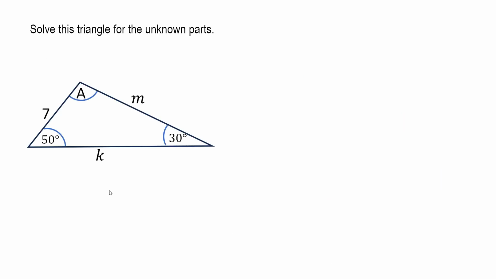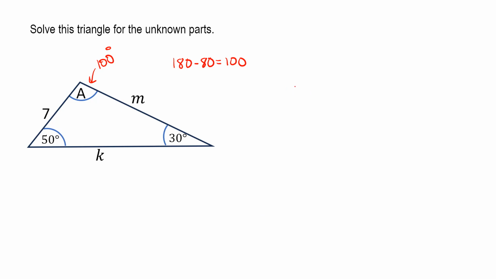All right, here's another one. With this one, we already have two angles, so we can find the third angle quite easily because we know that 50 plus 30 is 80, so 180 minus 80 is 100. So A is 100 degrees. And now we can start working on the sides, and thankfully there will be no ambiguity.